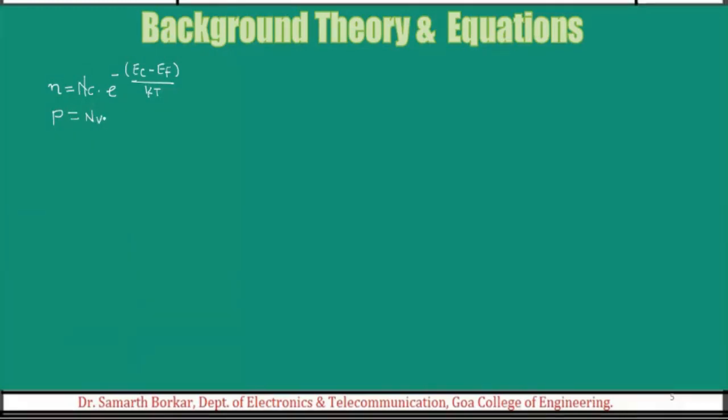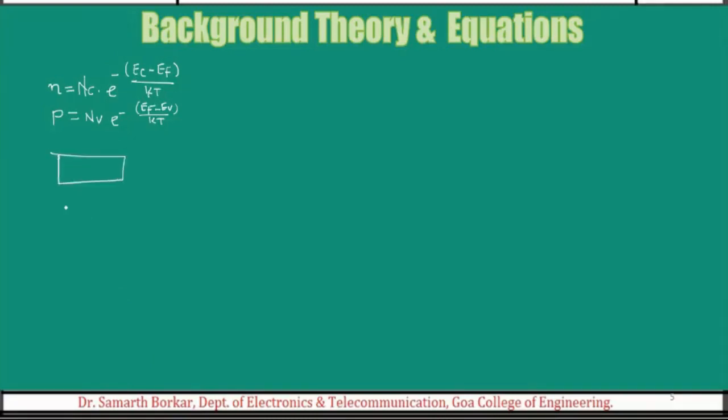This Nv is the effective density of states in the valence band. And here again, e raised to minus of (Ef minus Ev) by kT.